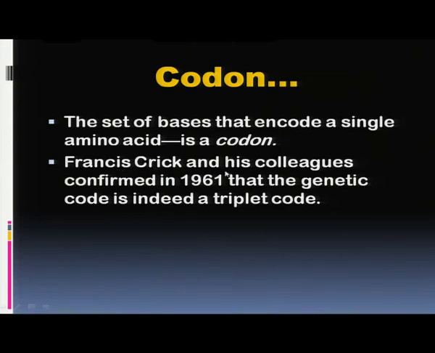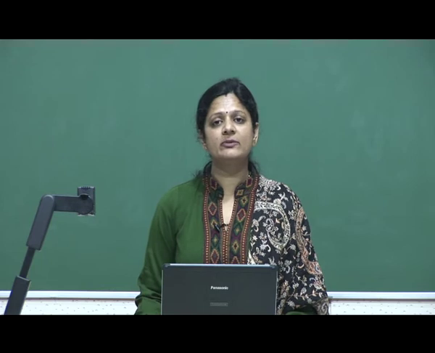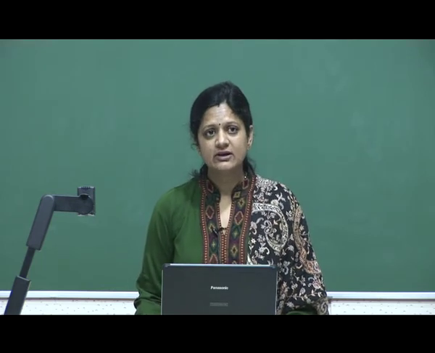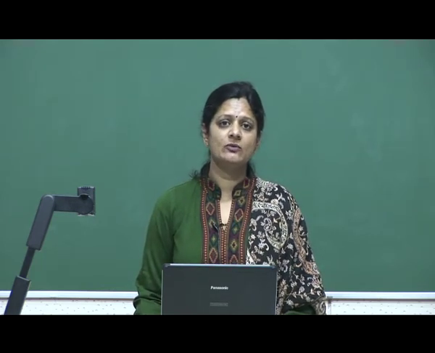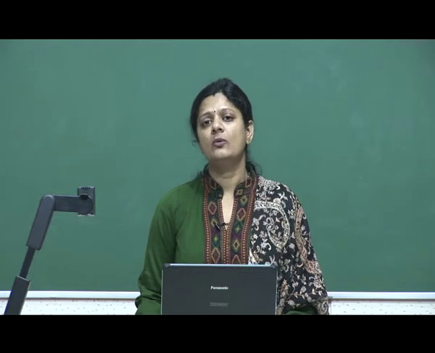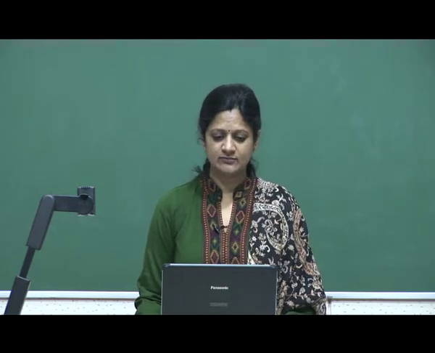Francis Crick and his colleagues confirmed in 1961 that the genetic code indeed is a triplet codon. That means 3 nucleotide bases will combine to code for one amino acid.